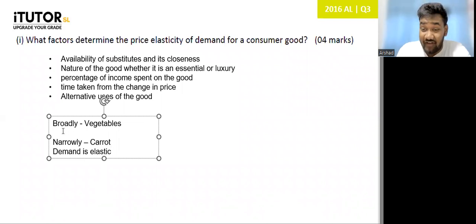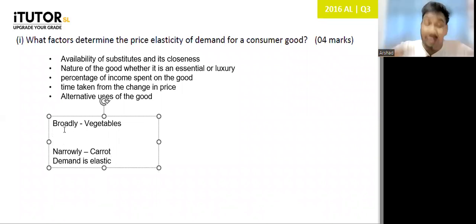But if you define it broadly, let's say vegetables, what if the price of vegetables increases? Then what do you think happens? Then there is nothing else that you can switch to, right? For lunch, you have to have vegetables. You can't switch to fruit store. You can't eat pizza or something.